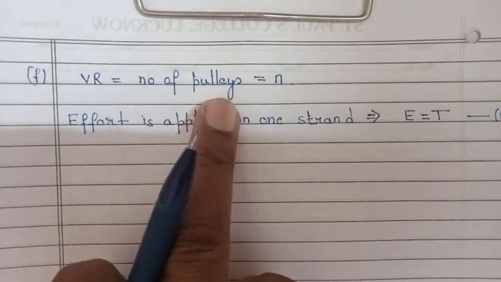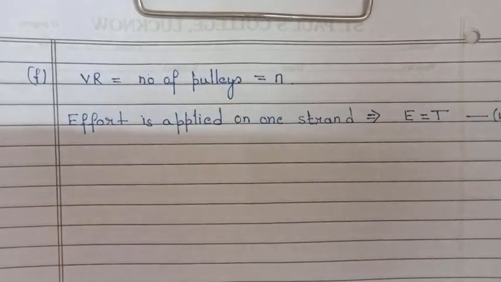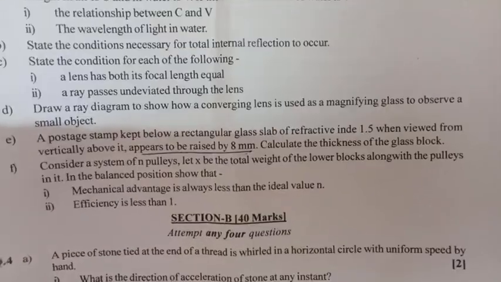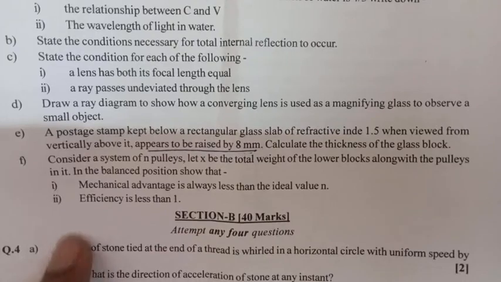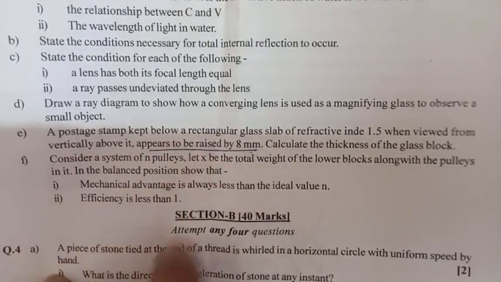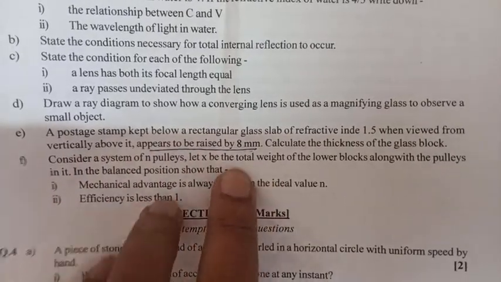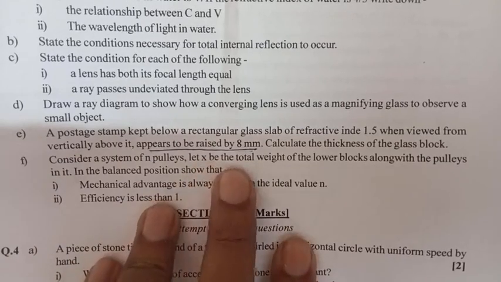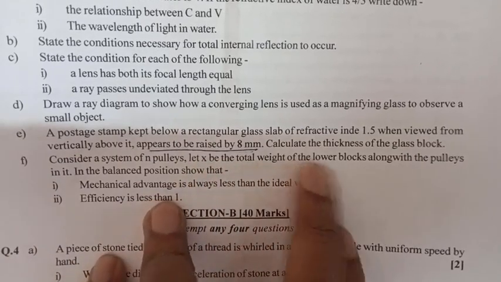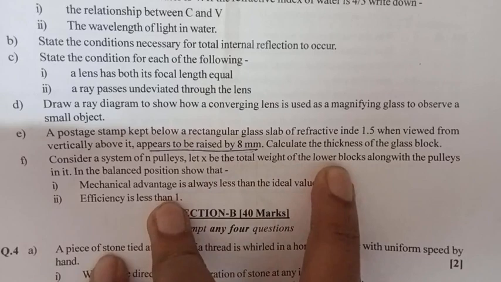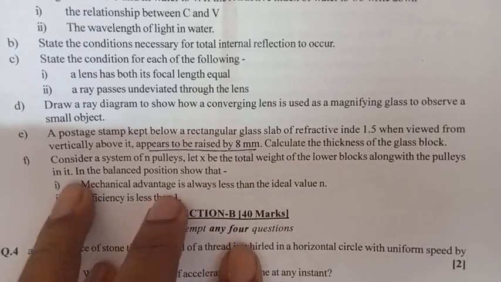Now it's an n pulley system, so the load as well as the weight of the lower block. In the question they have said, let x be the total weight of the lower block along with the pulley in it.